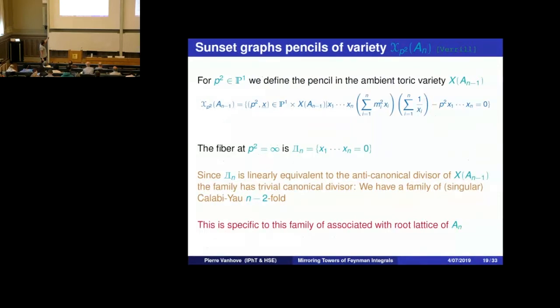So when p squared varies, I can define a pencil. So this is my pencil, okay. So the fiber at infinity is the normal crossing divisor, and by a generic argument, because it's equivalent to the anti-canonical divisor, then you are getting a Calabi-Yau n minus 2 fold, okay. So this is the way you are getting a Calabi-Yau n minus 2 fold.